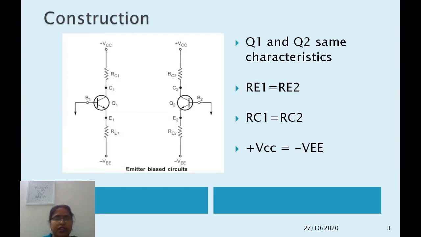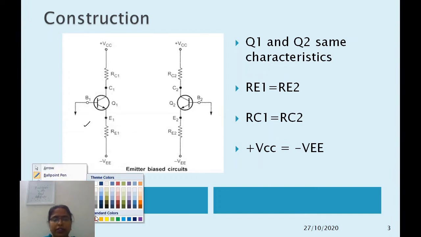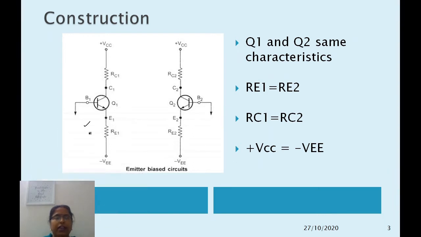For the construction of the differential amplifier, you can see we are taking two emitter bias circuits. Emitter bias means the common emitter configuration, and we know that as an amplifier we normally use the common emitter configuration because its gain is very high.